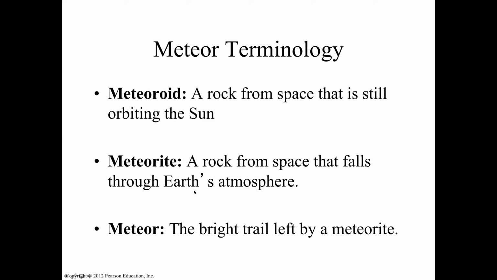It survived its trip through the atmosphere, and it is on the ground. But the shine of it, these flames coming out of it, is called a meteor. But meteoroid, with the D at the end, is just a piece of rock that is still orbiting the sun. Okay, it is still in a stable orbit around the sun.